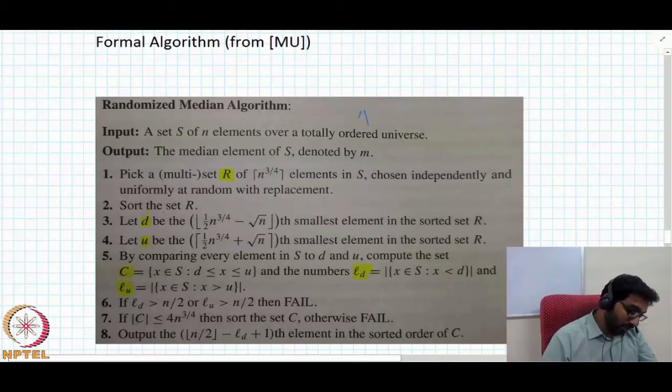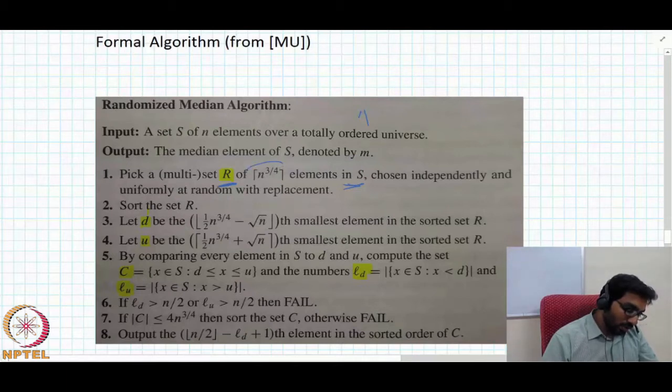First, we need to figure out how to compute D and U. And how do we do that? We achieve that by sampling. We have to pick a set R, where each element in R is chosen uniformly at random and independent of each other from the set S. And how many such elements do we choose?